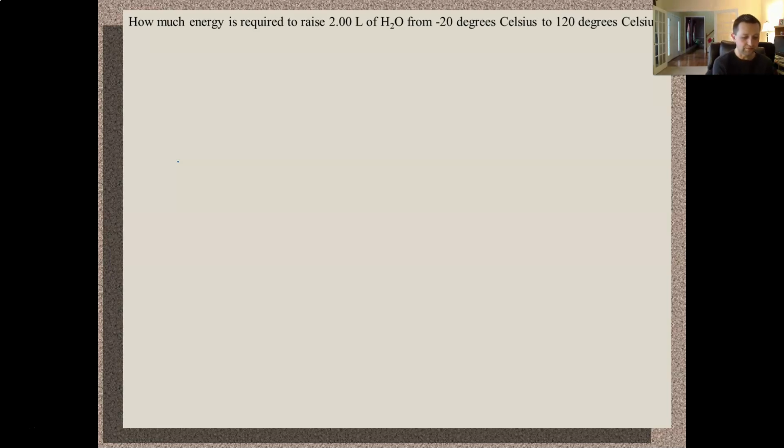The first step of this process, I'm going to label step 1. I need to heat up my substance from negative 20 degrees all the way to 0 degrees, because once I hit 0 degrees, I'm at a phase change point.